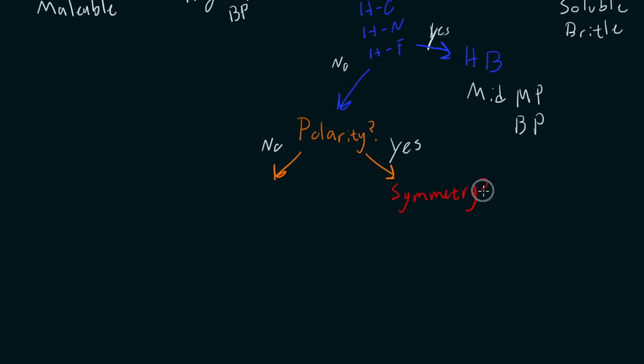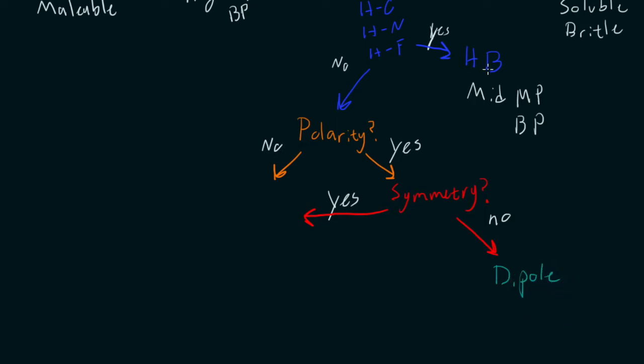So do we have symmetry? And so if we have polarity and we don't have symmetry, then what we land with is a dipole bond.